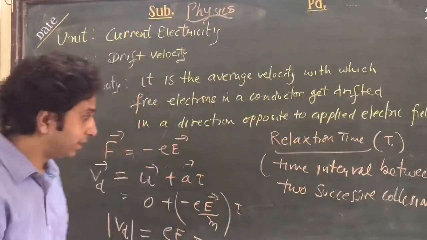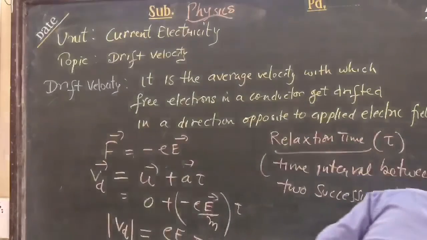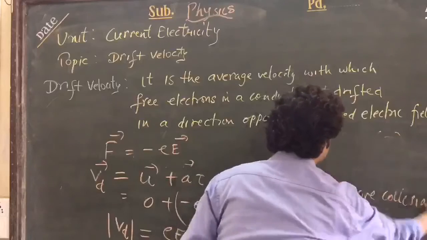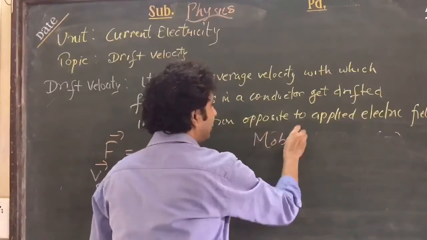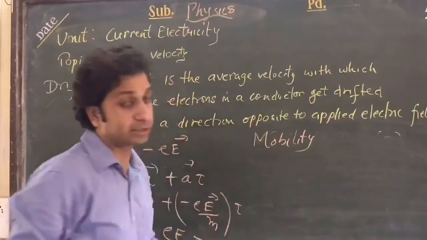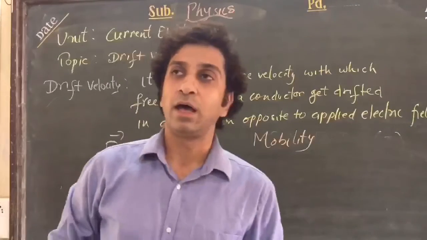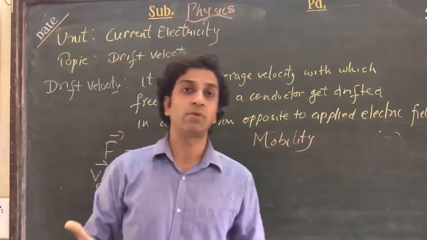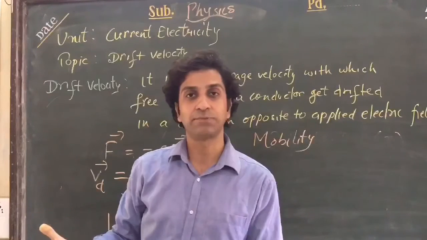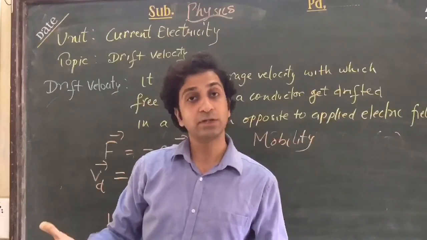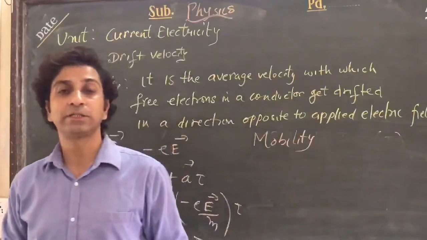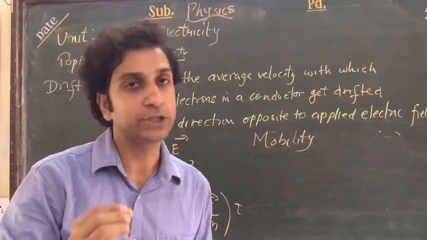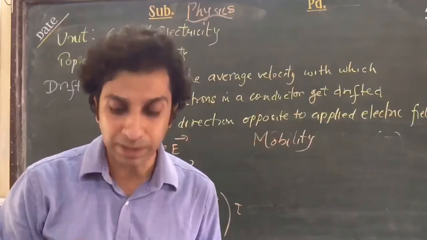Related to this concept, one basic term is mobility. We generally say that electrons are more mobile than positively charged particles because of their lesser mass. Mobility is the movement of the charge carriers.